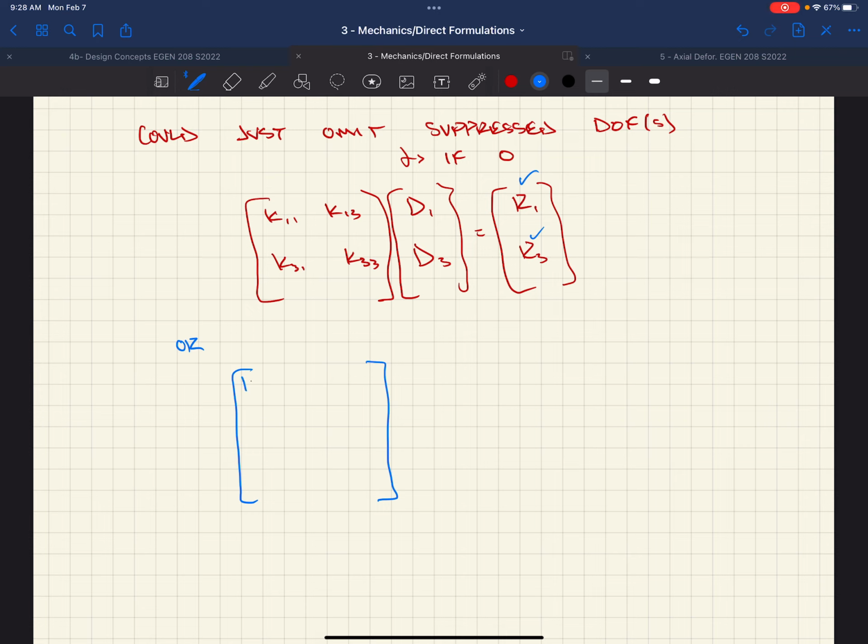So if it doesn't allow it to move, we end up with this matrix where we would essentially just replace our stiffness associated with D2 as infinite.